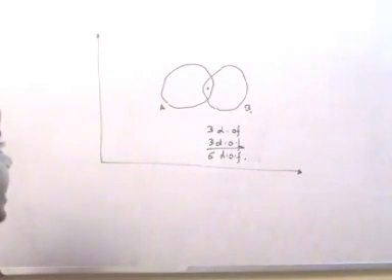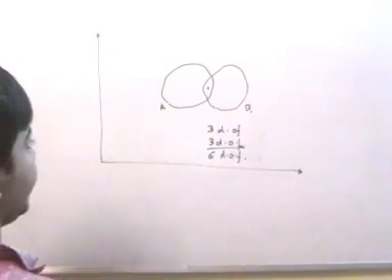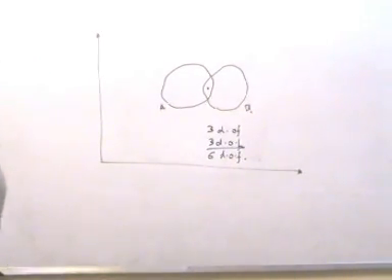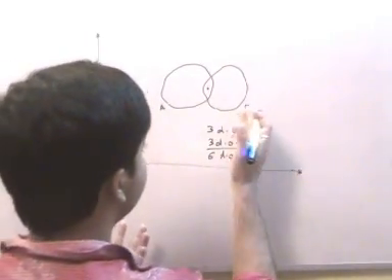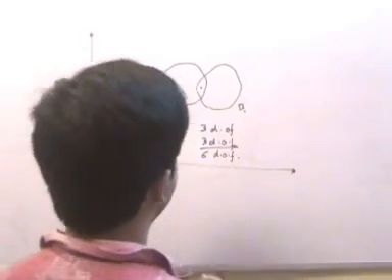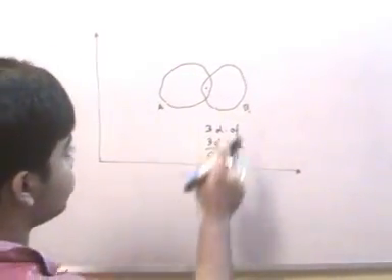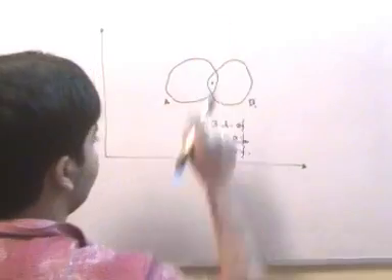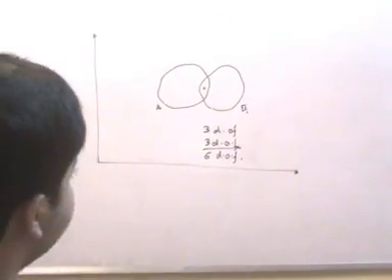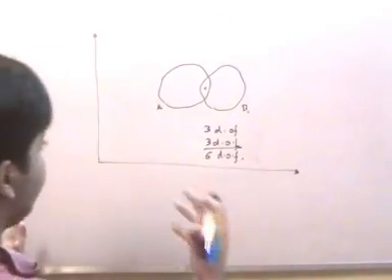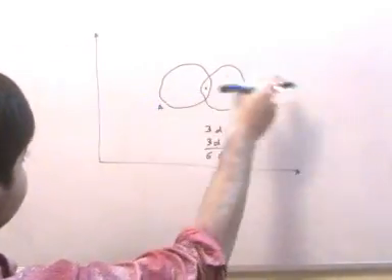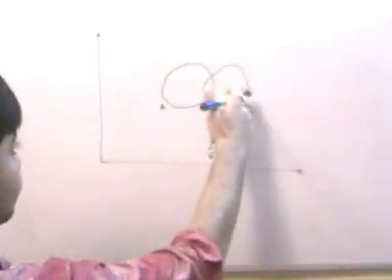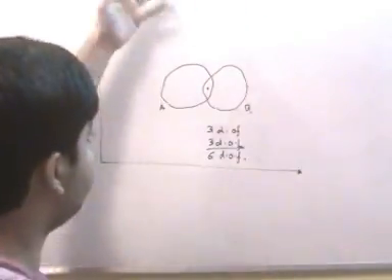Now if it's constrained, that is, if there's a pin between A and B, then B's 2 translations are arrested, because B's translational motion, movement along X and movement along Y, are no longer independent variables. If B is to move in the X direction, A will have to move also in the X direction. If B is to move in the Y direction, A has to move in the Y direction.